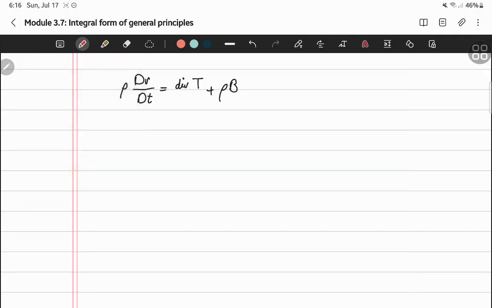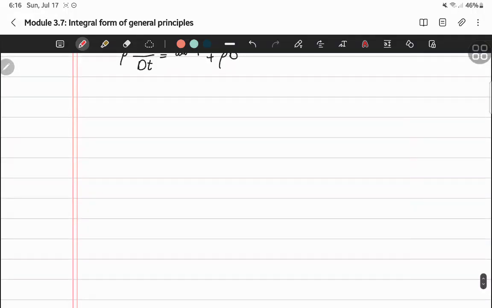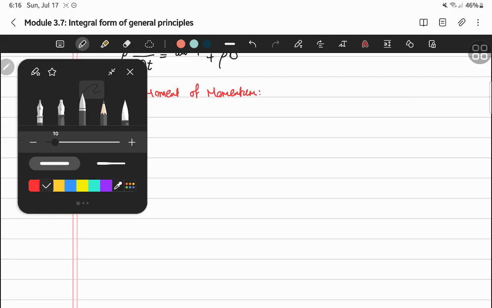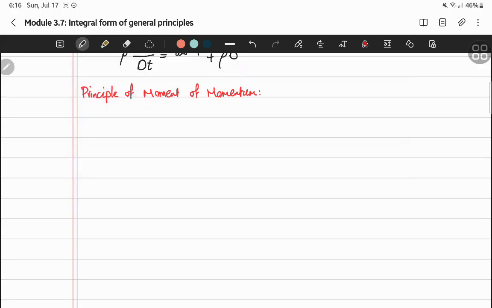So next we have the principle of moment of momentum. Based on this principle, we show that Tij is equal to Tji.